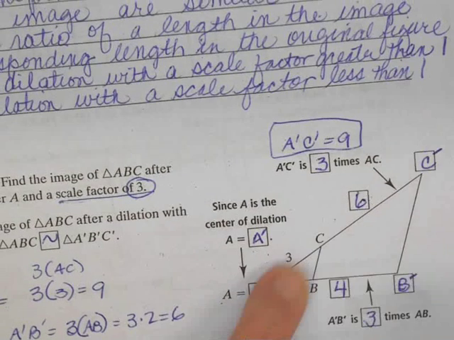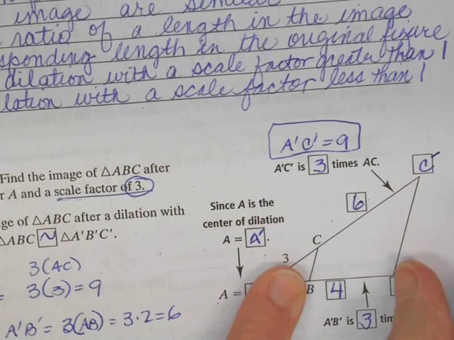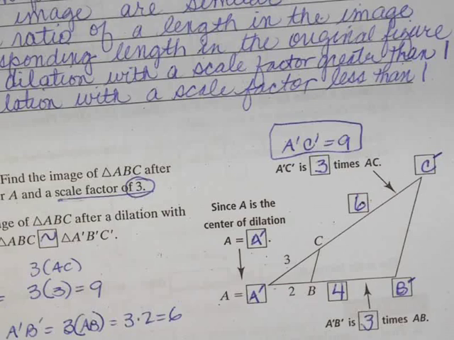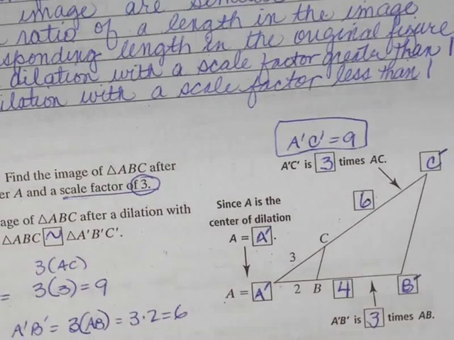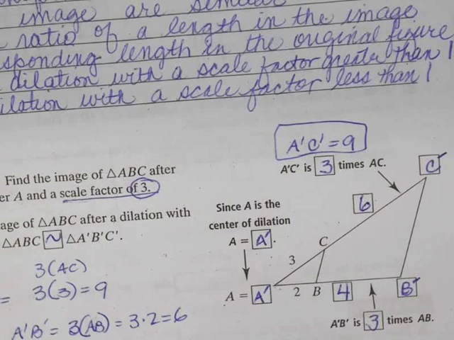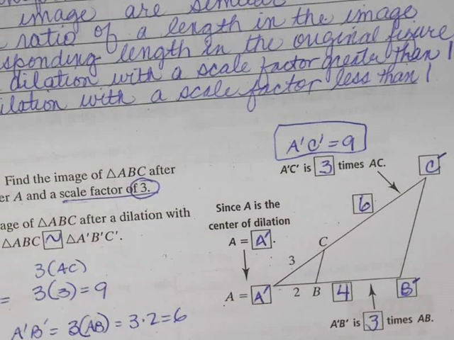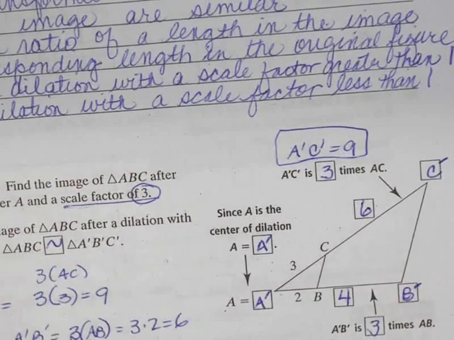So 6 minus 2, that means this piece from here to here is 4 units. Okay? So A prime B prime is 6 units long. This little section here is 4.